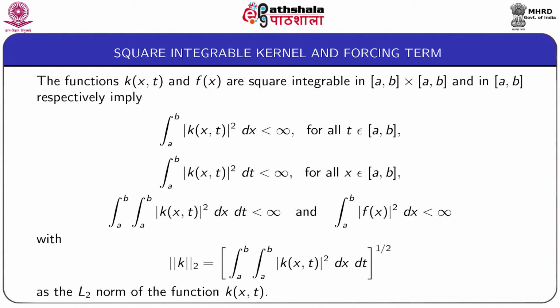Now, what is a square integrable function? The functions k(x,t) and f(x) are square integrable in the square [a,b] cross [a,b] and in the interval [a,b] respectively, implies that integral a to b |k(x,t)|^2 dx is finite for all t in the closed interval [a,b].